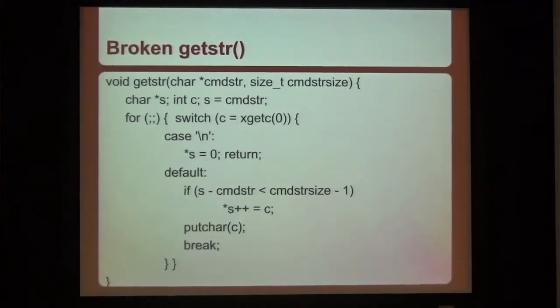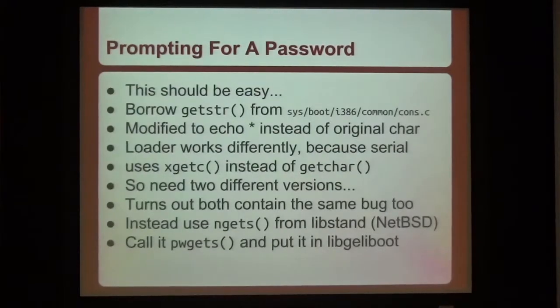This appears to actually be unintentional. So I actually went and borrowed better ngetS from libstan, which actually comes from NetBSD, and it doesn't have this problem. But grepping around in the sys boot, there are at least 6 different versions of the getStir with the bug in the boot directory.